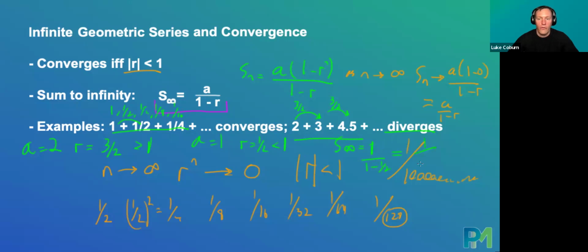This is 1 over a half, and 1 over a half is equal to 2. So the infinite sum of a number starting at 1 and then multiplying by a half each time, when you add up all those numbers, ends up getting 2.